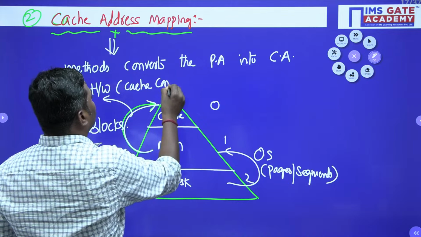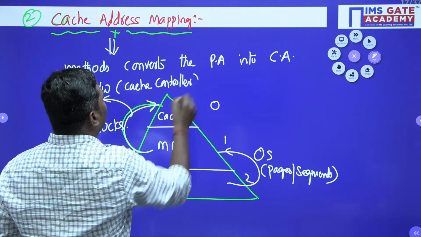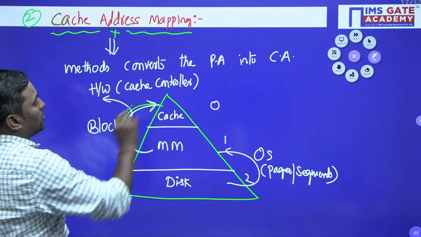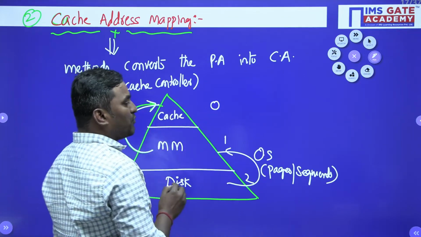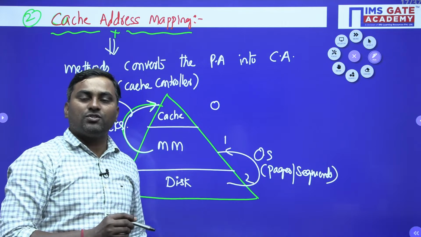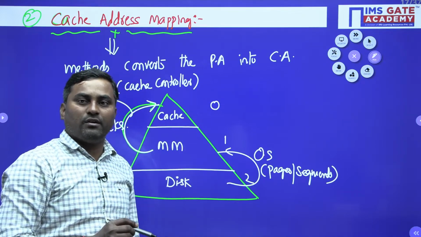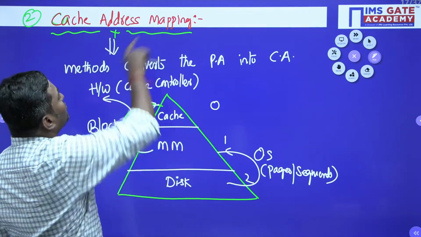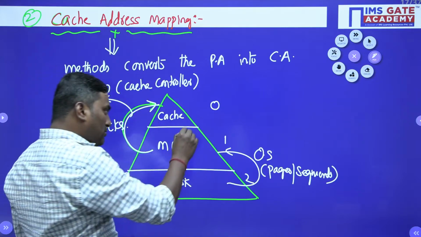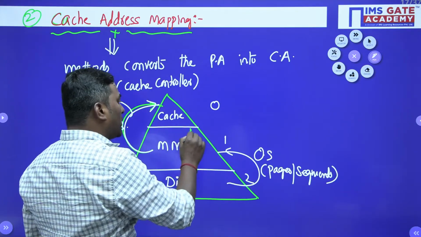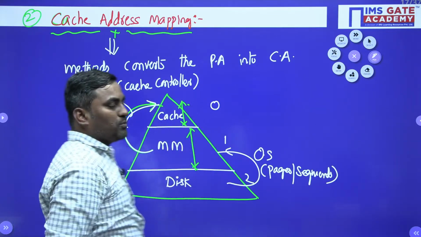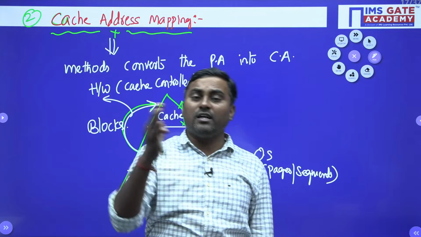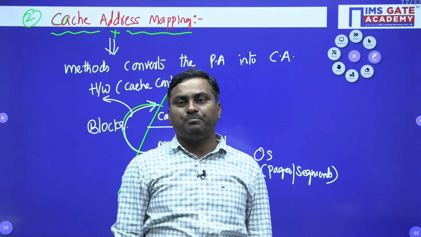The cache controller will take the responsibility of transferring the data from main memory to cache memory. Now, main memory size is different, cache memory size is different, right. So cache address mapping converts this main memory address, the physical address, into cache address.